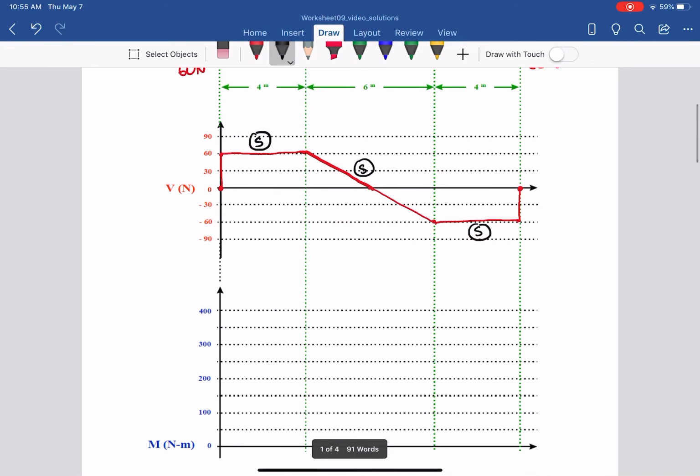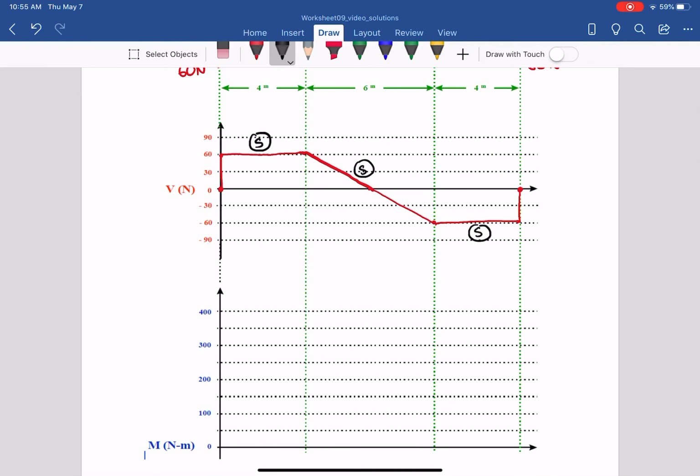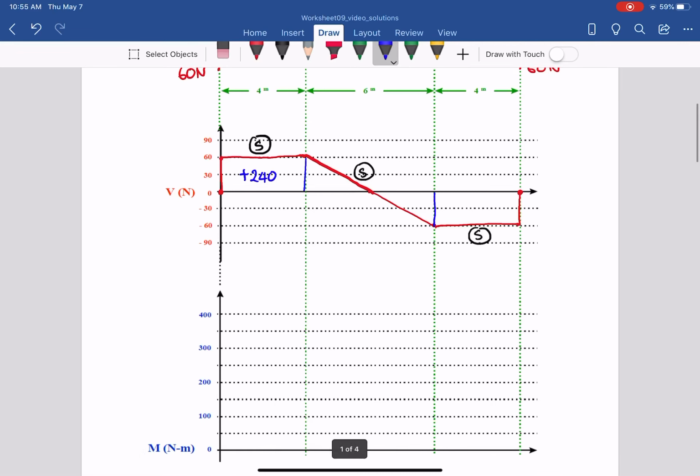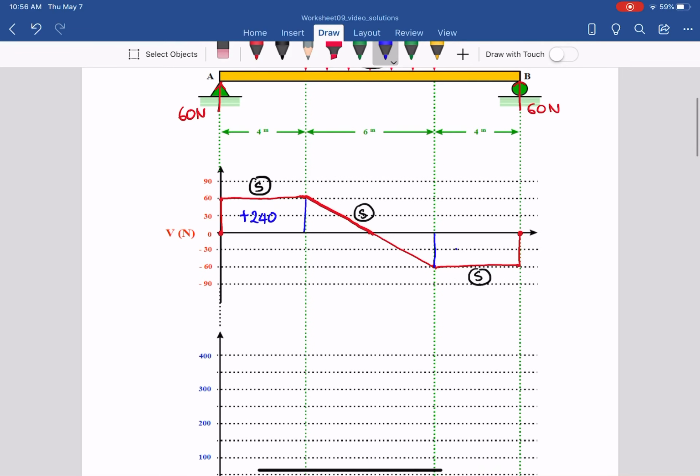So now moment. Before that, we find the area under the shear curve. Let's break it down here. The first area is 60 times 4, so you have plus 240. The 4 meters on the right, similarly negative 240.